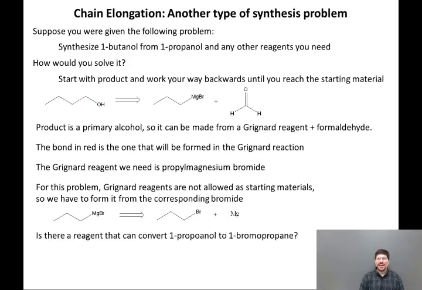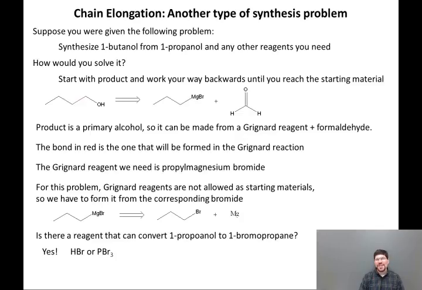And now the final question we need to answer is, is there a reagent that can convert 1-propanol, which is the allowed starting material, into 1-bromopropane? And the answer, of course, is yes. There are actually 2 reagents that we have studied that do this. Either HBr or PBr3 will accomplish the desired transformation.